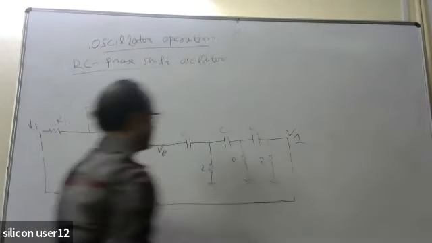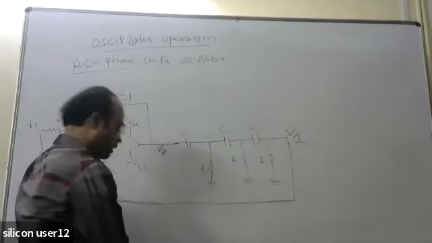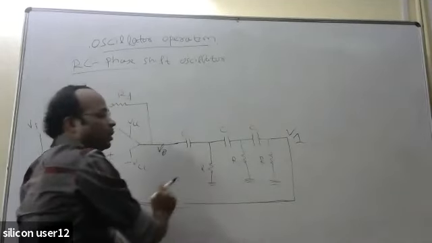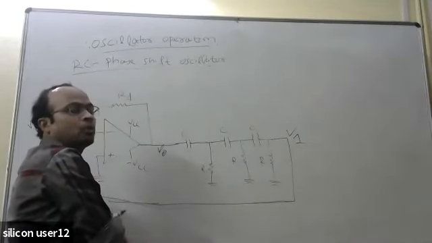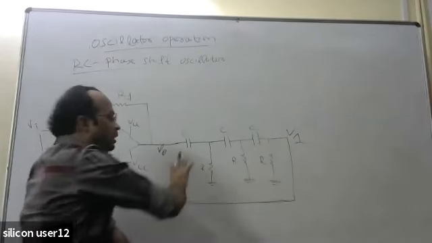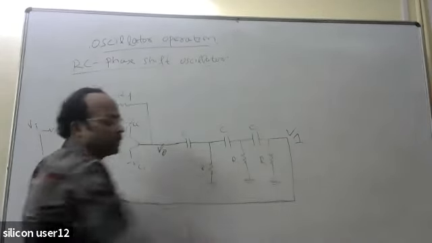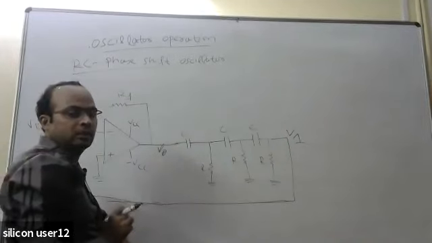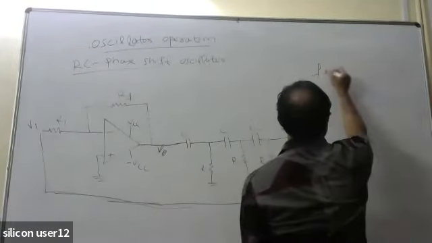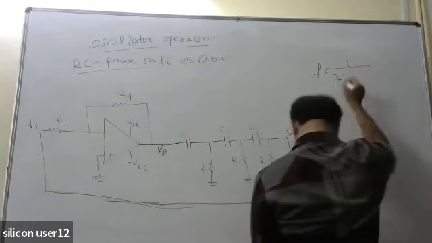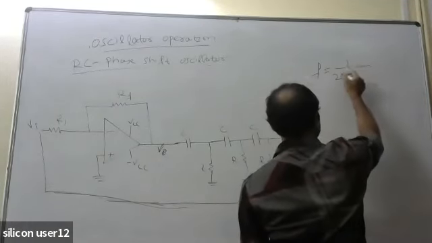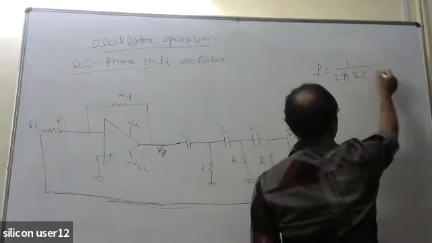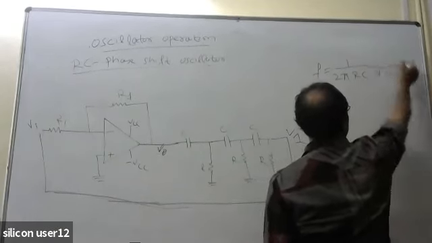One more thing: this RC network will not do a 180-degree phase shift for all frequencies. It will do a 180-degree phase shift for a particular frequency. That frequency value is given by f equal to 1 by 2 pi RC root 6.